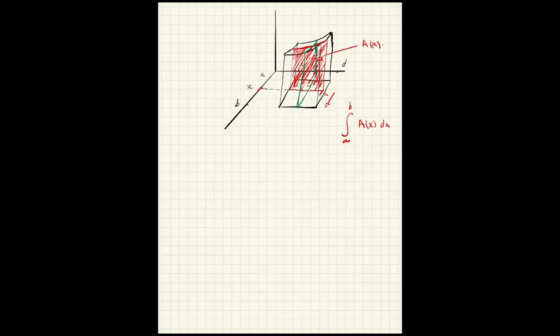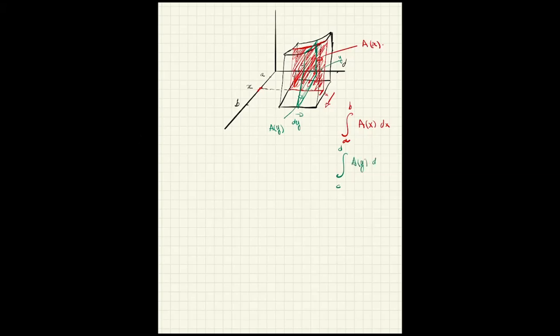I don't know if it's really clear, but then you go in this direction dy. You compute from c to d, and the area of this thing will be given by A(y). You fix y, this is some y, and then you can add all of these areas times the height.